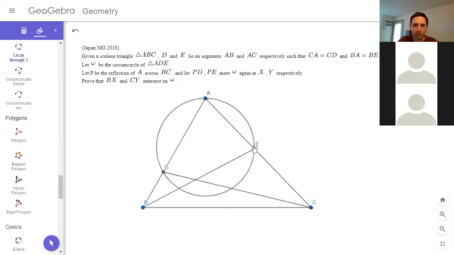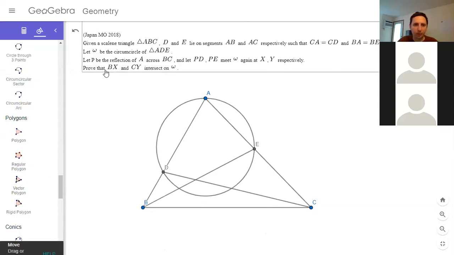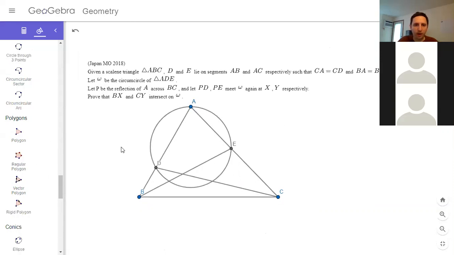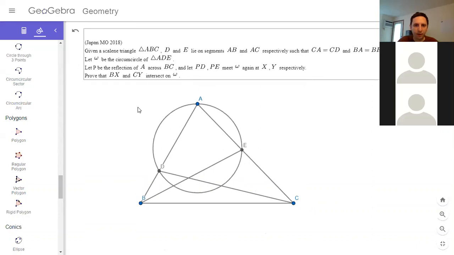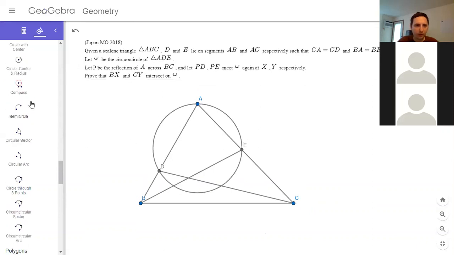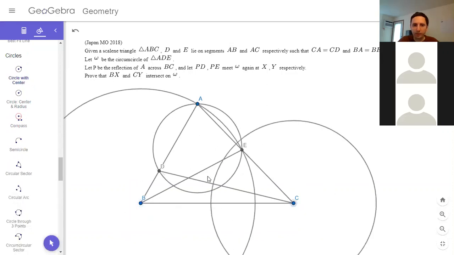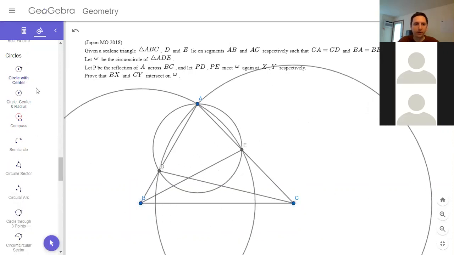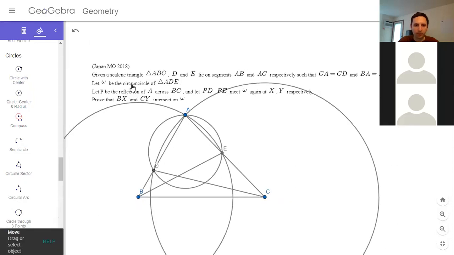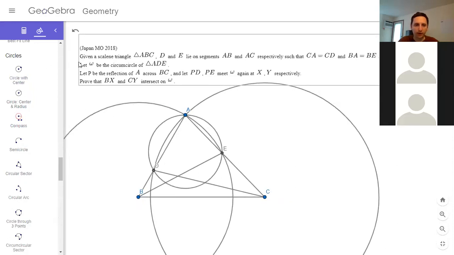All right. P is the reflection of A across BC. Okay, so I'm going to have to make a little more room here. Actually, you know what I can do? Since P is the reflection of A across BC, then P is where those two circles intersect.